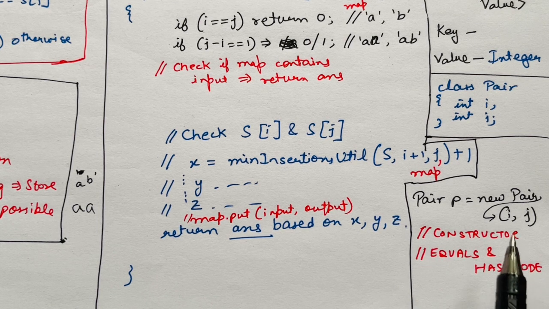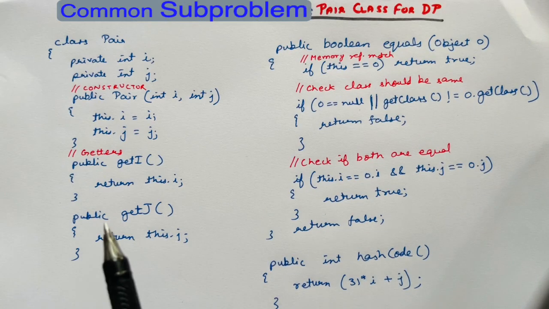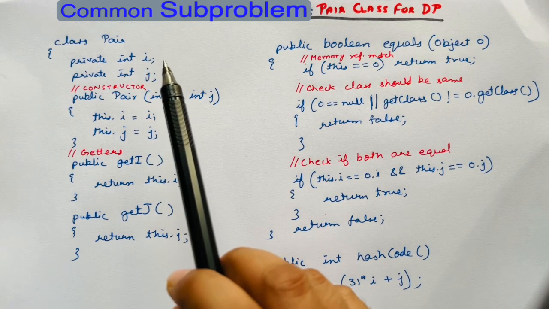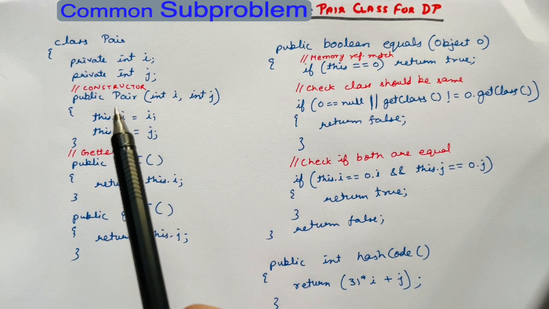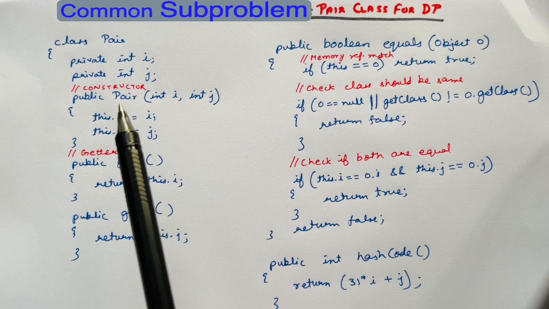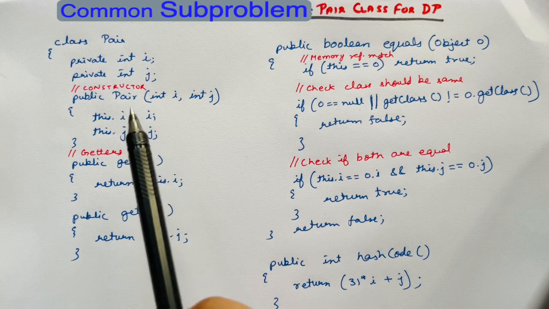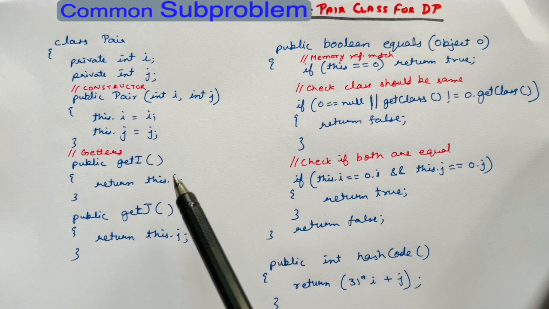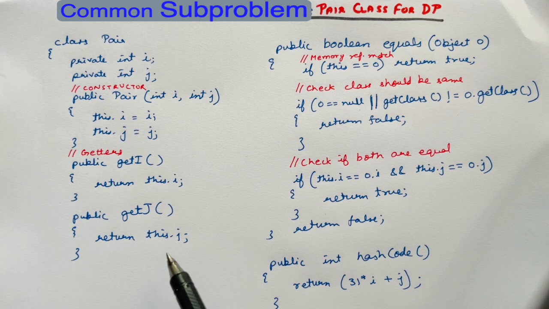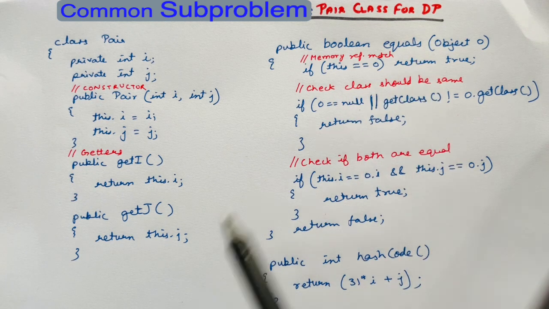So there seems to be quite a bit of work that we have to do in the pair class. So let's see how our pair class will look. In our pair class, we will have the two members I and j. We will have a constructor which can be called from outside to construct a pair object. We will have getters to get the values of I and j. Then we will override the equals method.